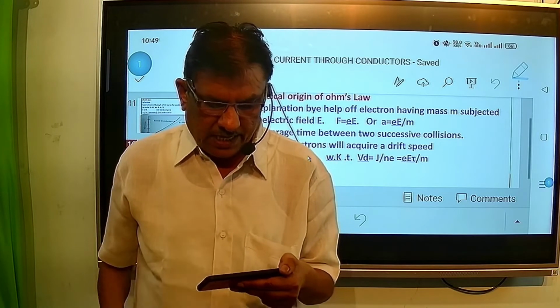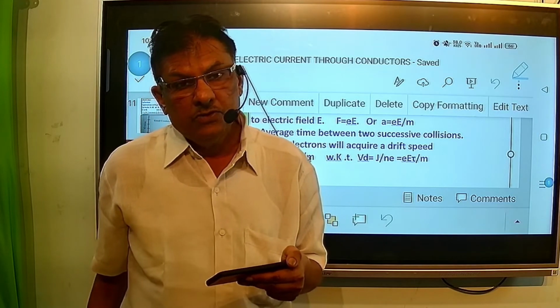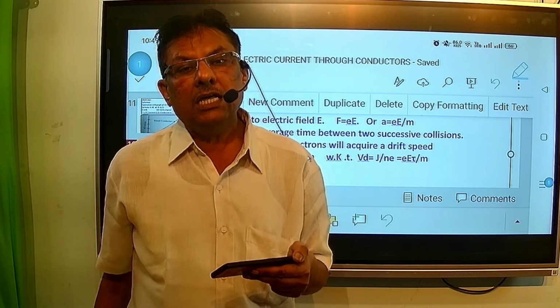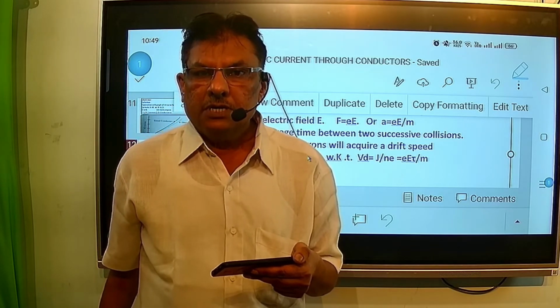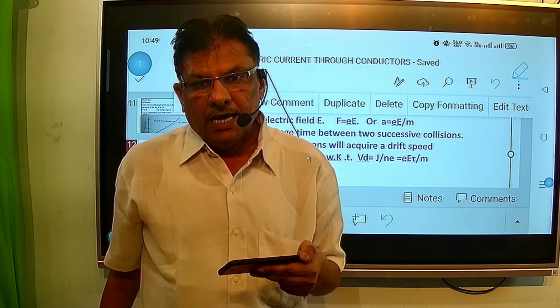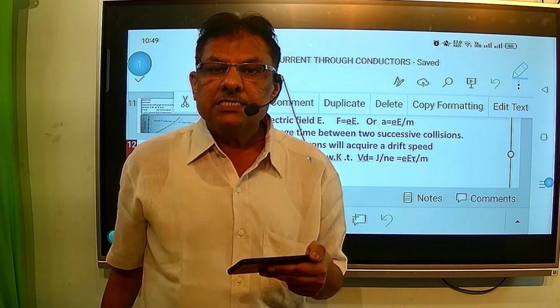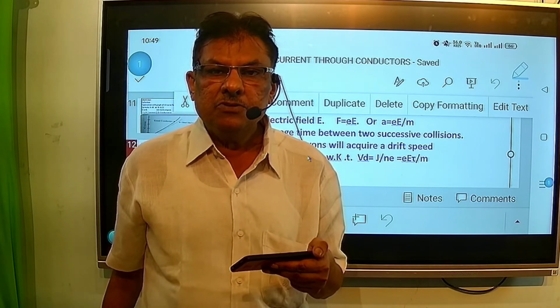This means a force is going to act on the charge, that is the electron from the copper material, due to the external electric field given by the battery.